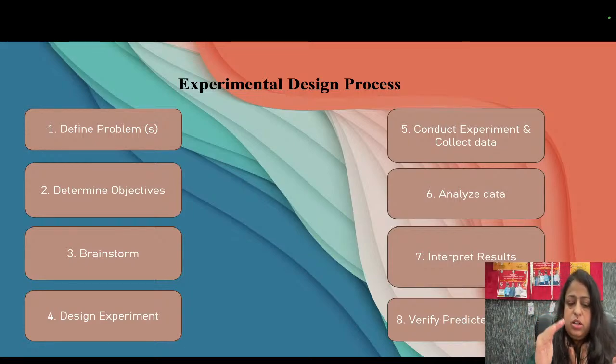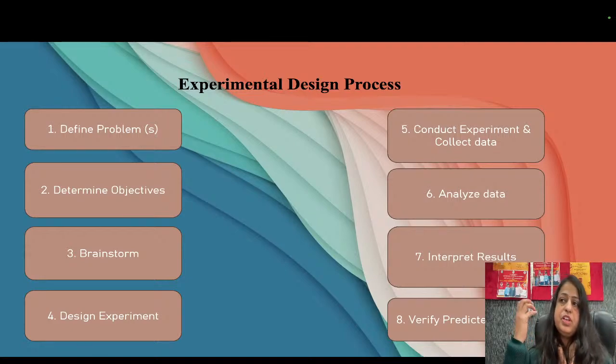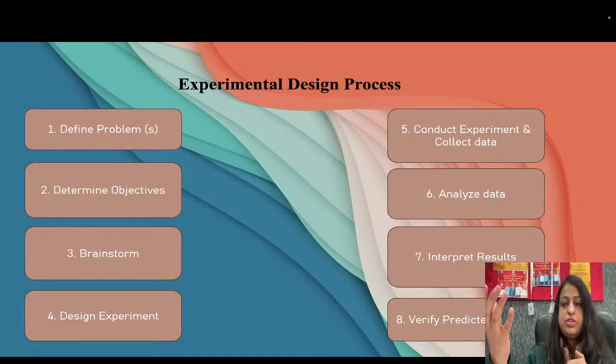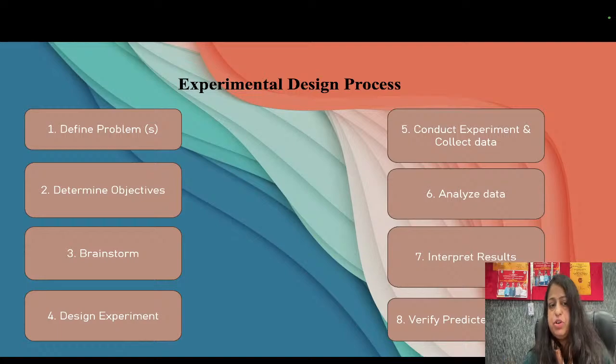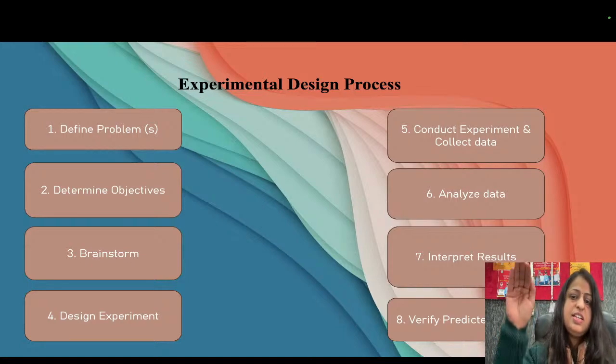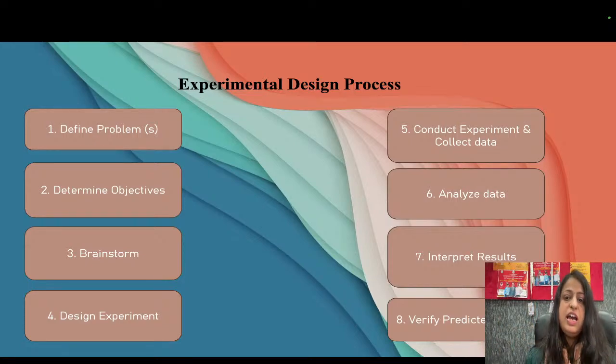So p should be less than 0.05, which is taken as the significant difference between the results. If one agent is decreasing something, then your treatment should increase that. If I am taking a stimulating agent which is decreasing, which is causing a disease, then the treatment you give should increase that response. So this is your analysis of variance.